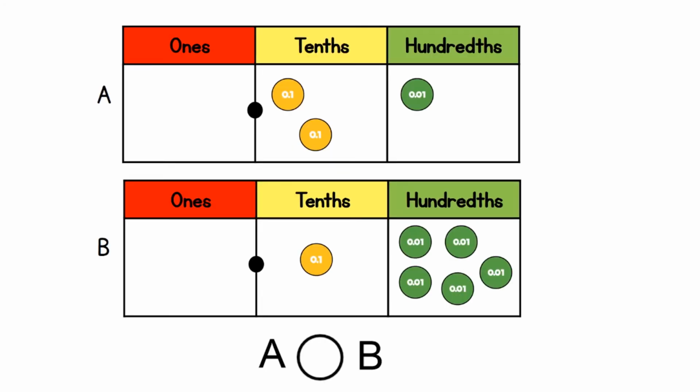So now we have our place value grids over here. We have A and B. What number do each of these represent? Let's take a look. So we don't have anything in the ones column. Now we need to go to the tenths column to see. So we have 0.1, 0.1, which would be 2/10, and then we have 1/10.